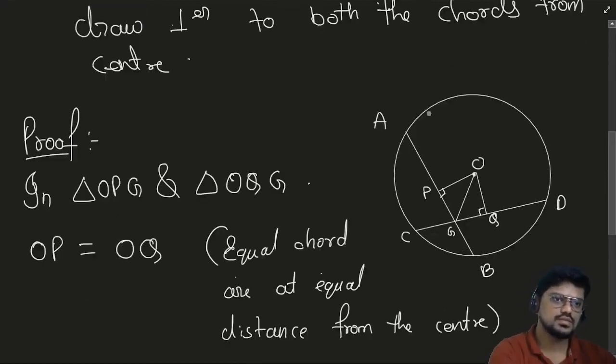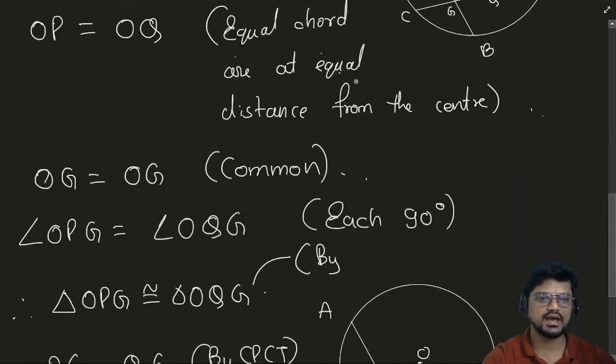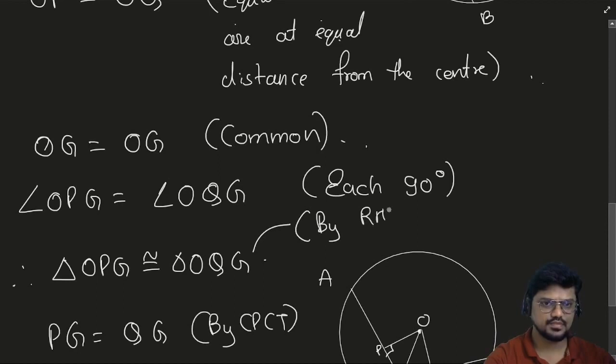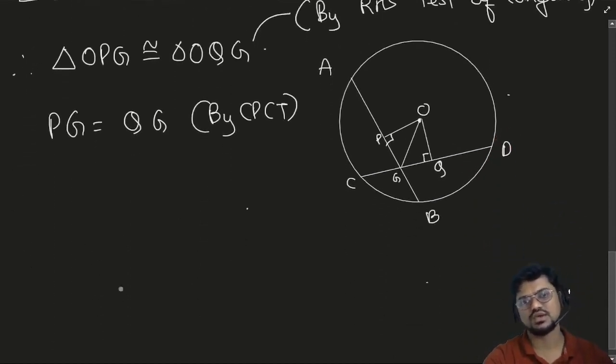It is the right angle hypotenuse side test, RHS. It is a right angle triangle, so it is by the RHS test of congruency. Now I can say PG is equal to QG by CPCT.